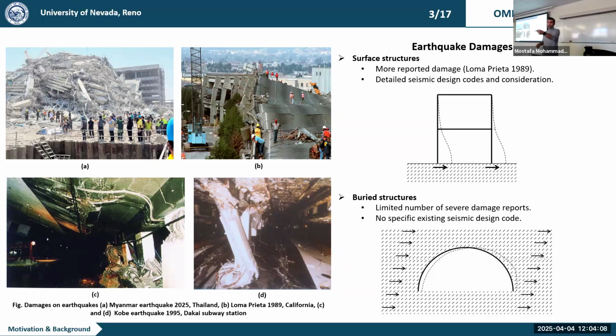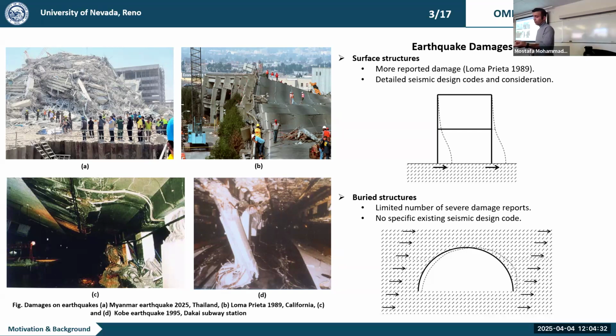But this building was in Thailand, which was one of the consequences of that earthquake. We see that the skyscraper just goes down. Figure B is the Loma Prieta earthquake in California in 1989, where we see that all the structures on the surface are getting damaged. But the things happening underneath the soil are interesting. They are not very common.